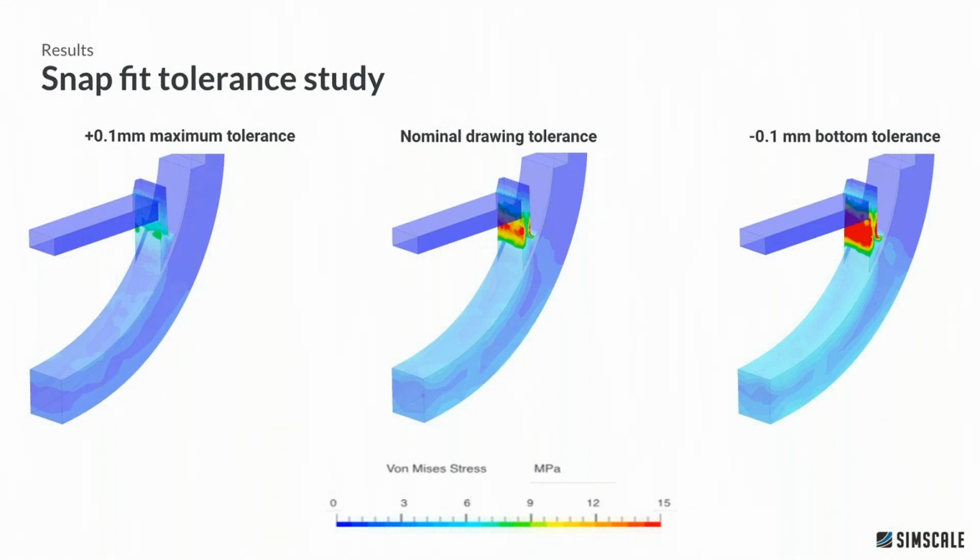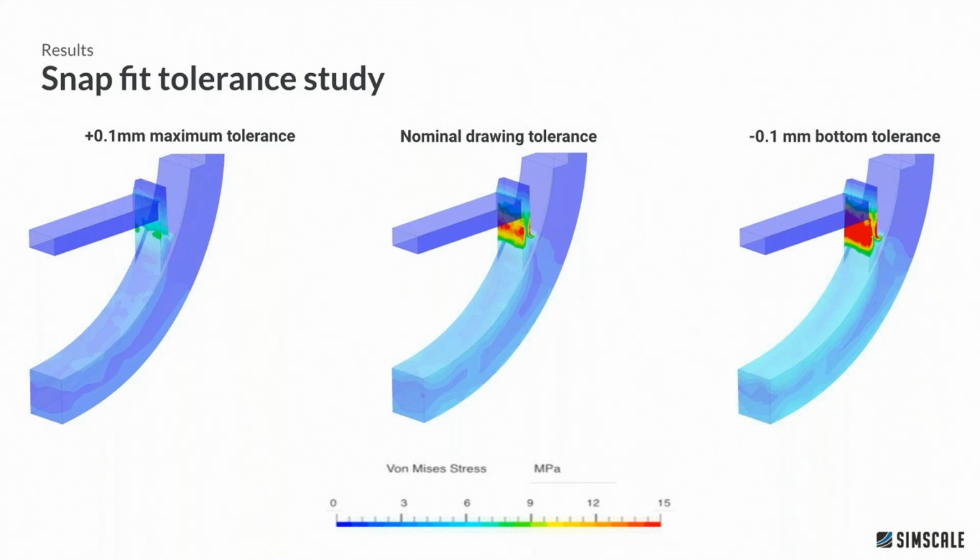The other concern here is if we're at bottom tolerance and there's a very high force required to assemble these components, it's an ergonomic concern potentially for those people that are assembling these components on the production line.